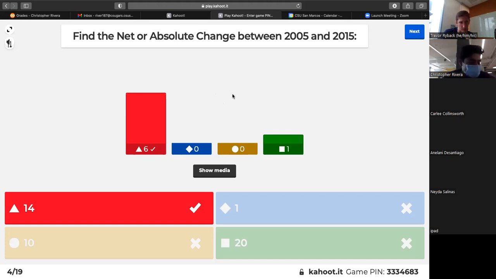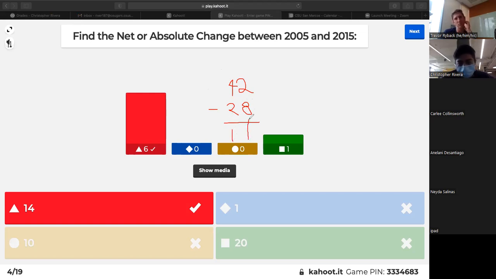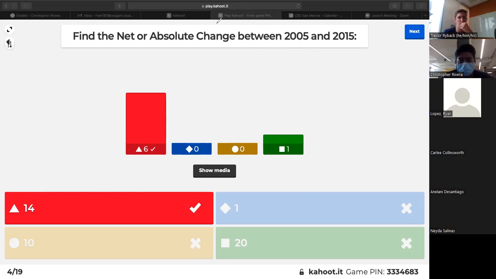In 2015, there were 42 courses offered, as opposed to only 28 courses in 2005. To find the net change, we take the difference between 42 and 28, which is 14. Does everyone understand that?